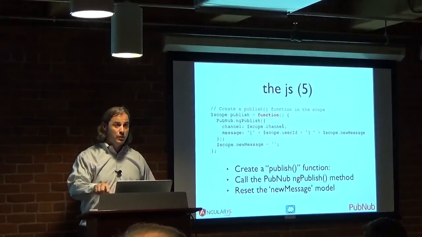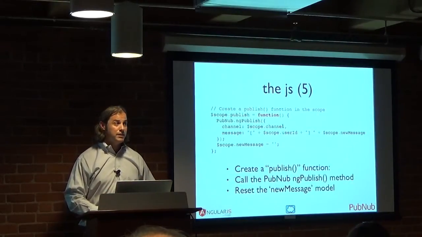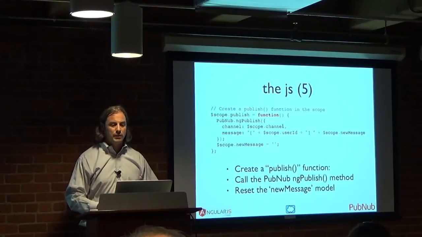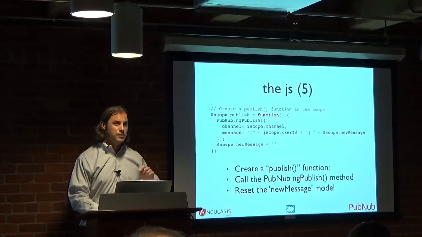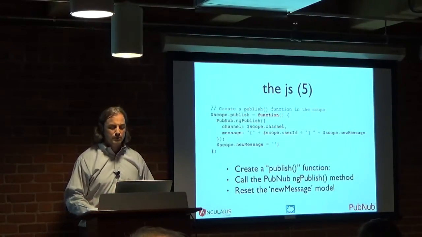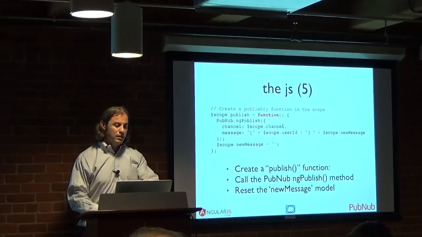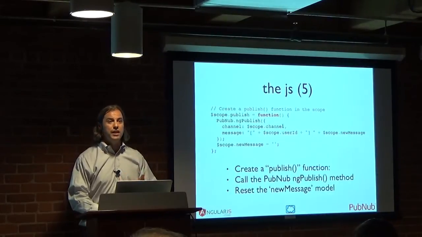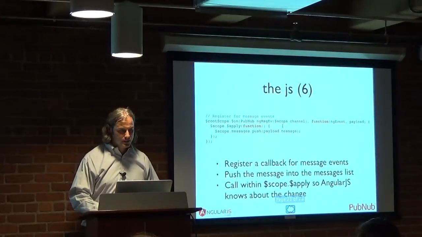So in this case, we actually are just sending a regular string. We're just putting the user ID in square brackets followed by the message, and resetting the message to the empty string so that after we send the message, we just clear it out so it's ready for the user to send a new message. Everyone following along? And so this, we're binding up a function in the scope so that we can then attach it to the ng-submit handler in the form. Hopefully that resonates.